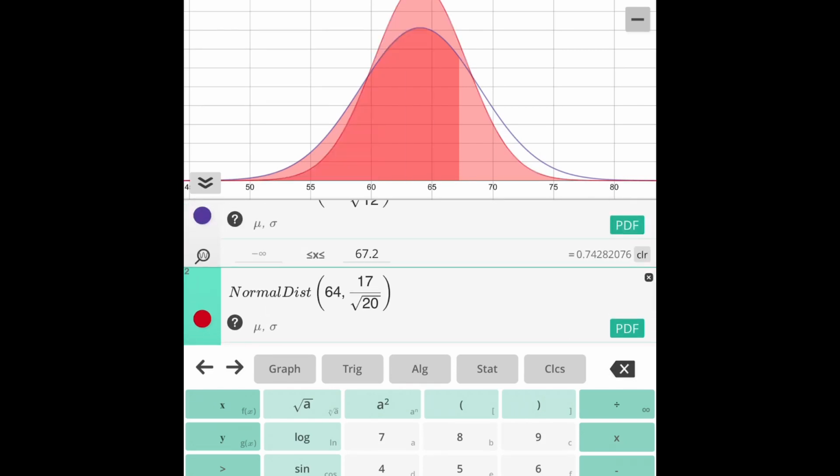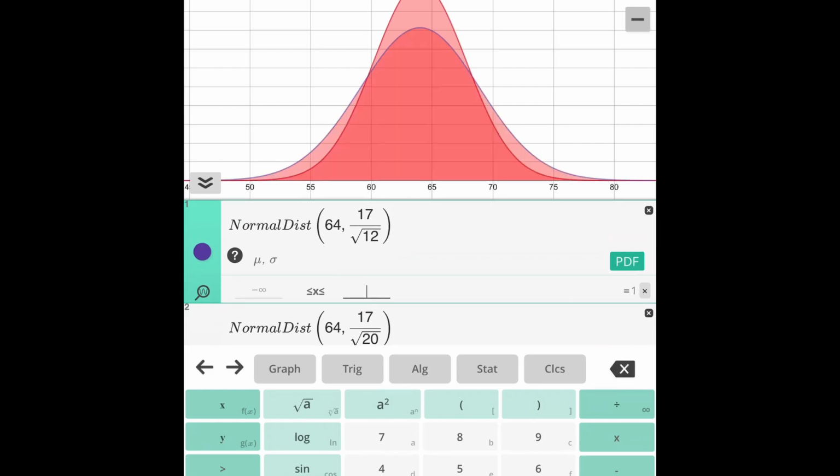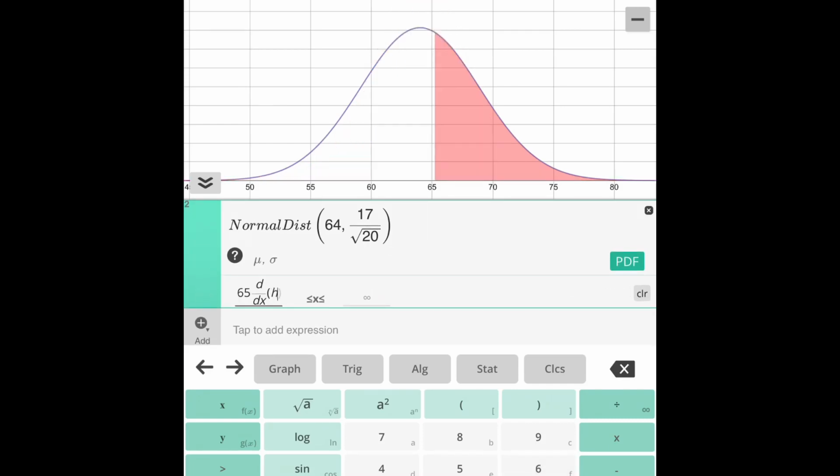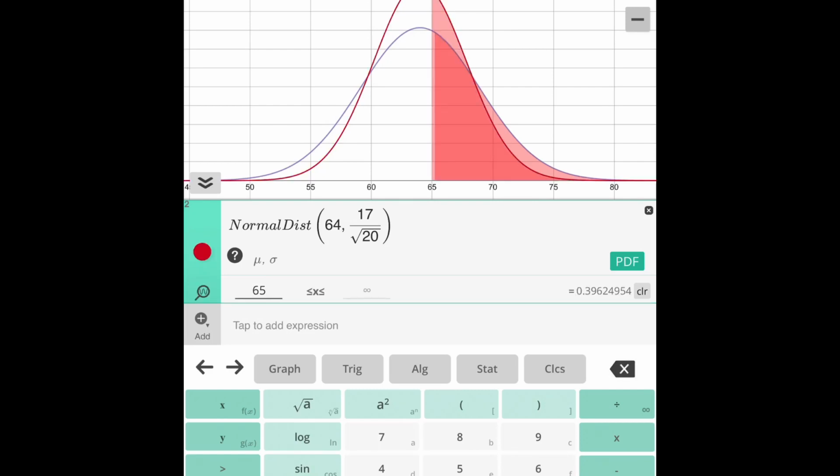However, if we change it to now x is greater than 65.2, so we can put those in, so 65.2. So let me put it into both.